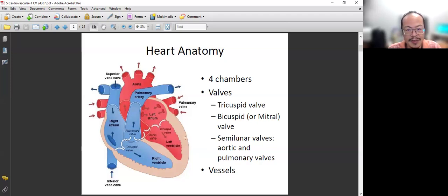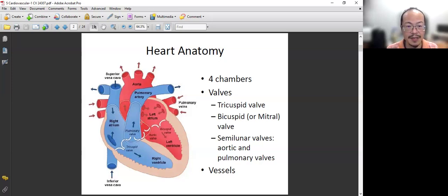The body receives that oxygenated blood and uses the oxygen, for what? To produce ATP. While producing ATP, it also produces CO2, so we need to get rid of the CO2. That low oxygen, high CO2 blood goes from the body into the veins, then through the vena cava, superior or inferior vena cava, and into the right atrium. That's the cycle.